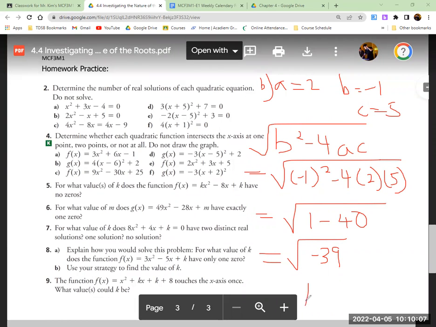No. There are no roots. You can't solve it. So no answer is possible. That's it. This will tell you whether the parabola is going through the x-axis or touching it or completely off of it. Gives you a better understanding.